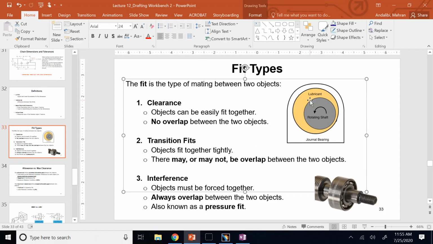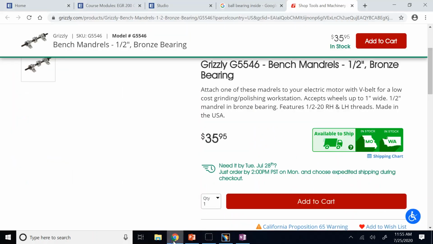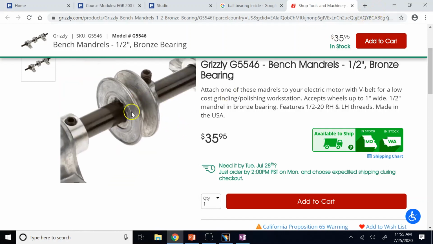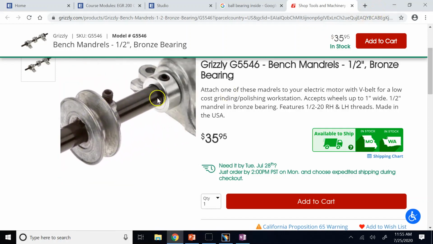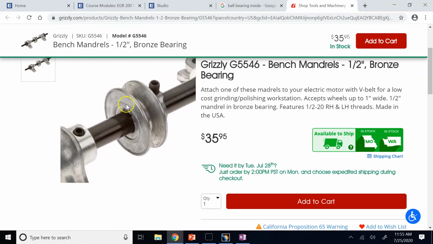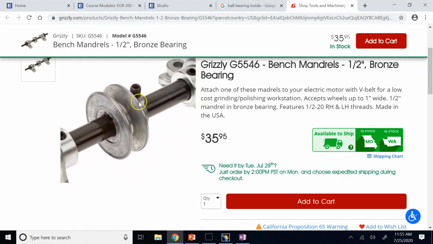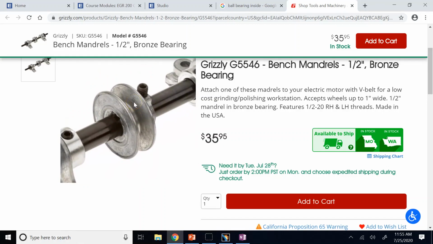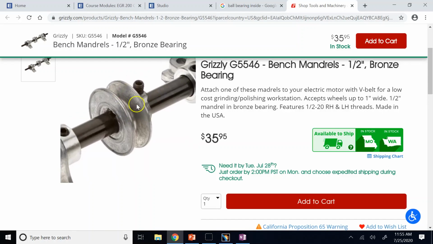Now, sometimes the amount of load on these bearings is too high, okay? The load that is applied to the shaft and the bearing is too high. It changes all of a sudden, so it's not a uniform load with respect to time. It changes suddenly and dramatically from one second to the next, and the rotation of this shaft is too fast.